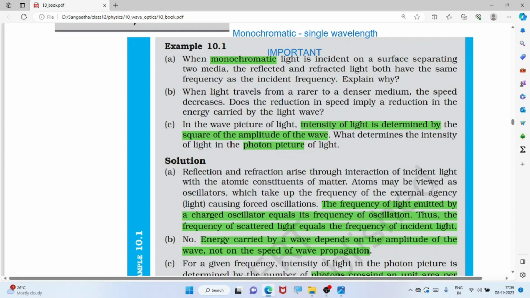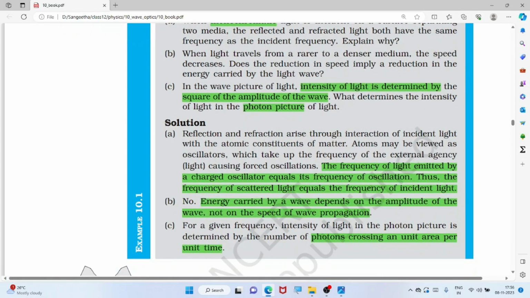They are asking why. Okay, solution: reflection and refraction arise through the interaction of the incident light with the atomic constituents of the matter. So incident light actually interacts with the atoms. That is why reflection and refraction occur. Atoms may be viewed as oscillators, which take up the frequency of the external agency, light, causing forced oscillations.